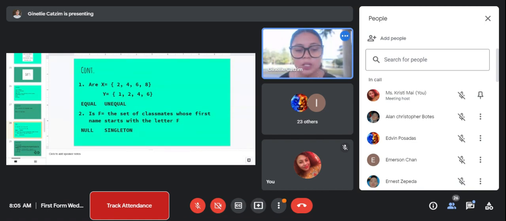Now, number two, F is the set of classmates whose first name starts with the letter F. Is that a null or a singleton set? If you have to go to the chat box and see your classmates there, that's okay.